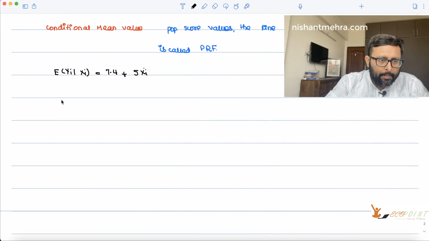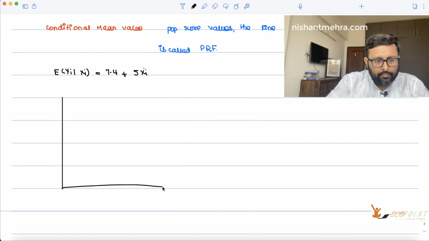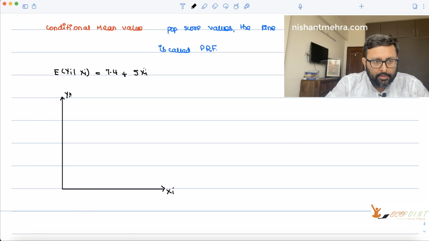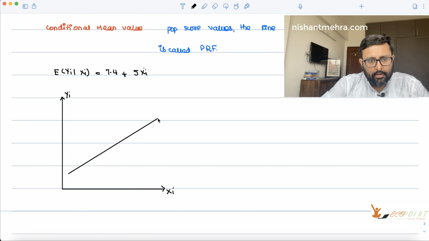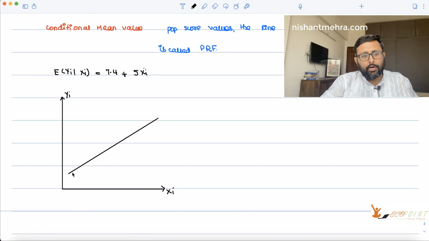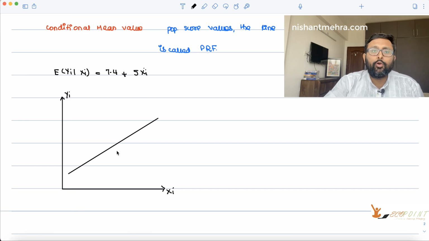Now let us say you have family income here and CBSE scores here, and this is the line connecting all the conditional means, right?